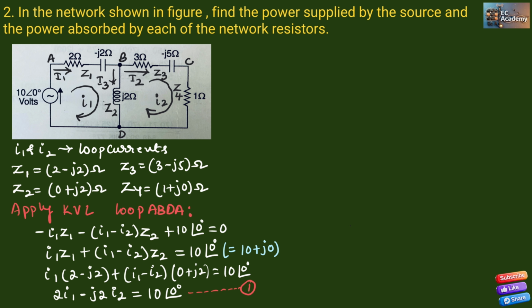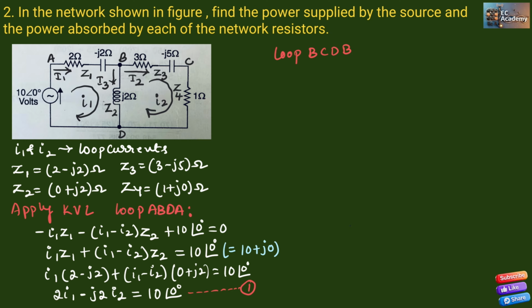Now let us apply KVL to loop B, C, D and B. The voltage drop in the branch B and C will be equal to Z3 into I2, the voltage drop in the branch C and D is Z4 into I2, and the voltage drop in the branch D and B will be Z2 into (I2 minus I1).